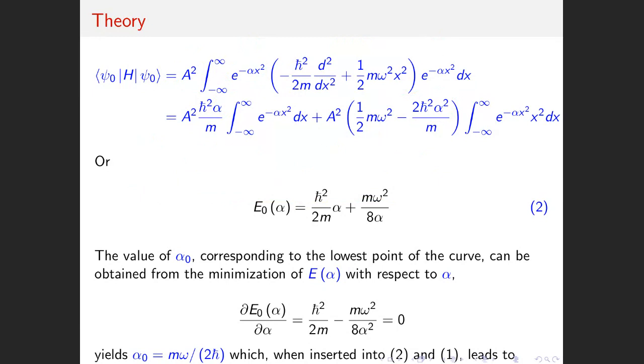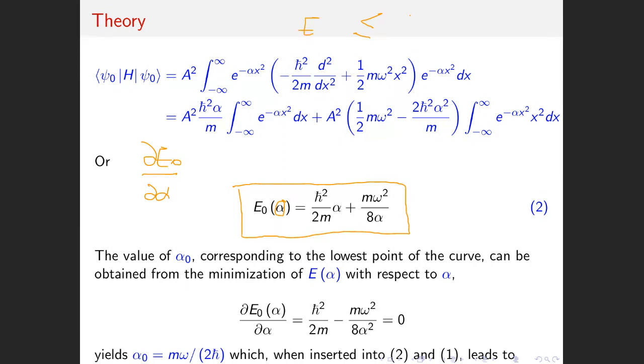Once you have this expression, you want to minimize it. So you take dE0 over d alpha. Remember that this alpha is a variable, and whatever value it takes, this thing will be an upper bound.